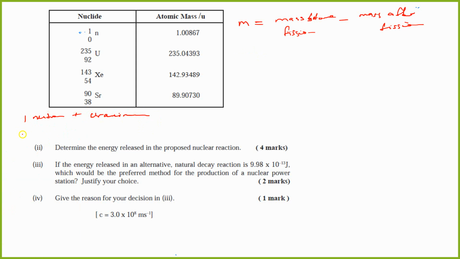So I just need to add the masses. I'm adding 1.00867 plus uranium, which is 235.04393. When I add up, this is obviously the mass before.